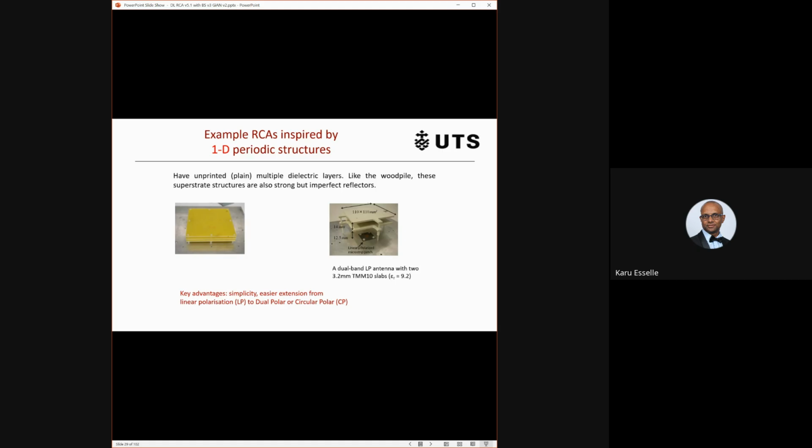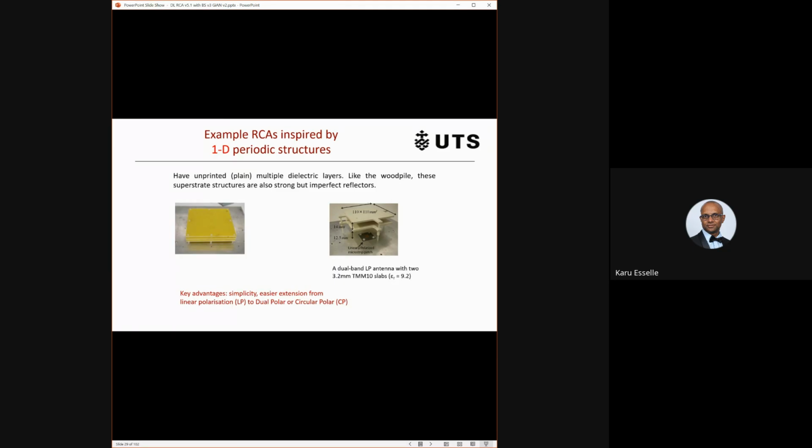So the difference in this antenna is it's a dual band linearly polarized antenna. If you want to make a dual band antenna, you got to do two things. One is you have to design the superstructure dual band in such a way that the cavity resonates in both bands to make the cavity dual band.